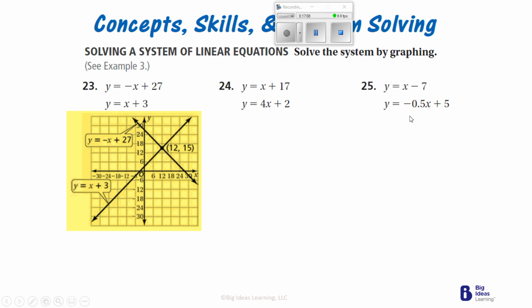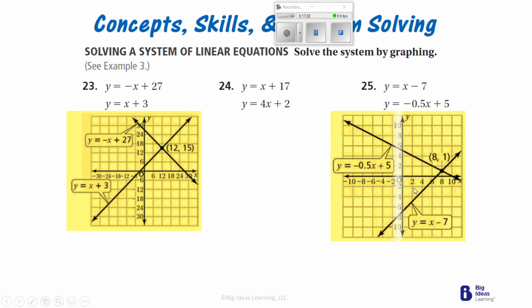And number 25, this one's going to be crossing my y-axis at negative 7, going up 1 over 1. This one's going to be crossing my y-axis at 5, but going down 0.5. That's 1/2. So it's going to be going down 1 and over 2. That would be 1/2.